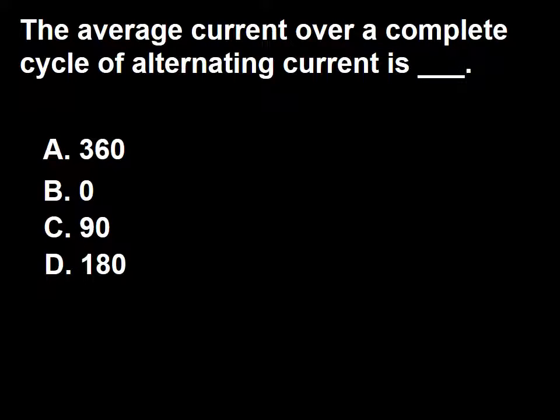Next question. The average current over a complete cycle of alternating current is A 360, B 0, C 90, D 180.